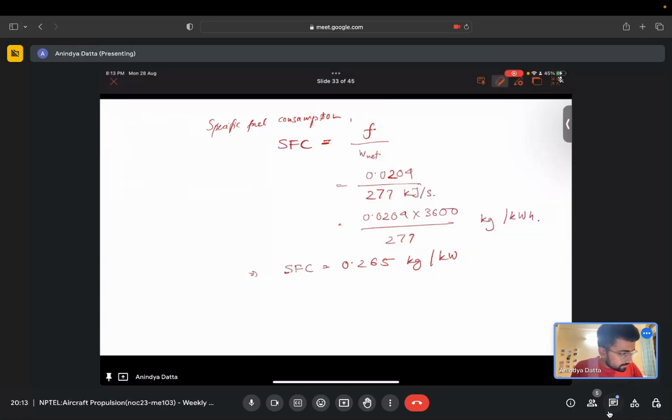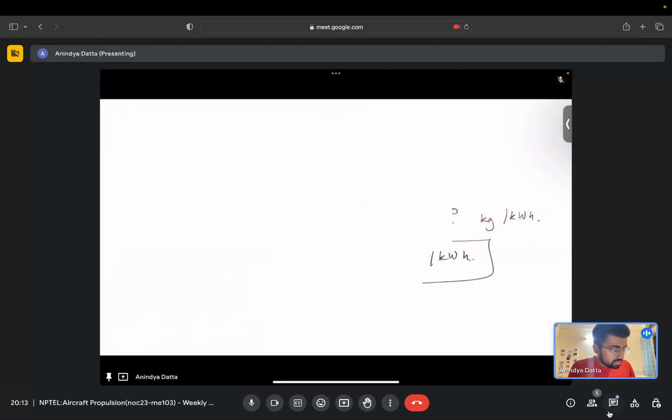Okay, we now got the SFC. So now the last part is our cycle efficiency, eta. What is our cycle efficiency?